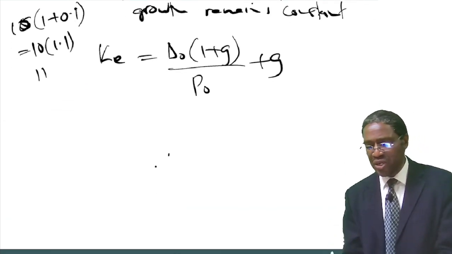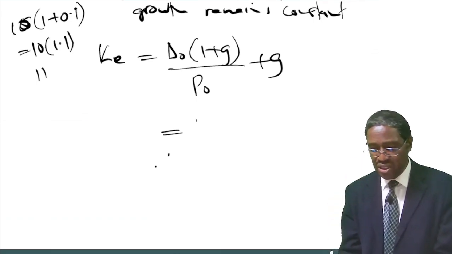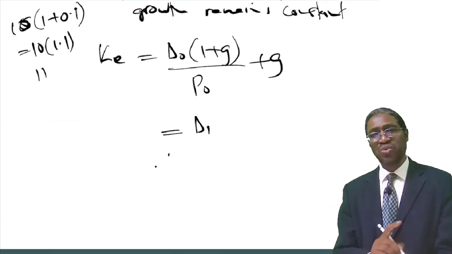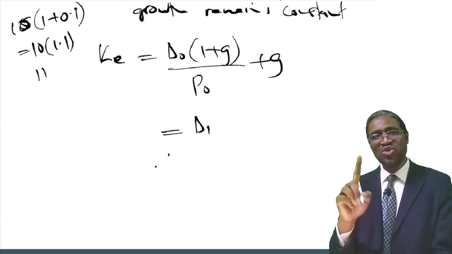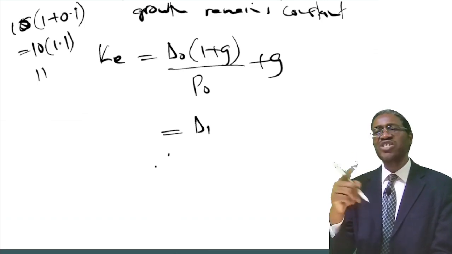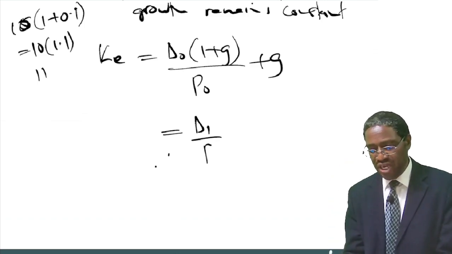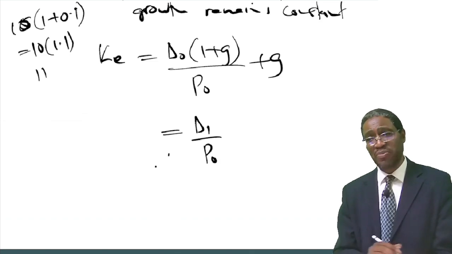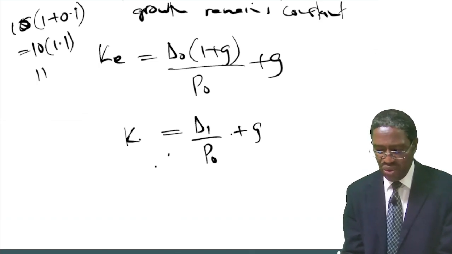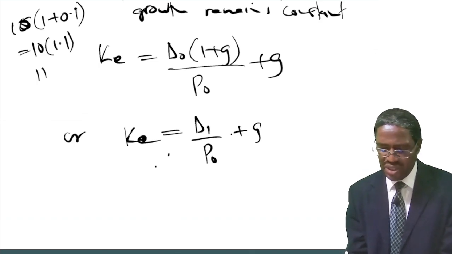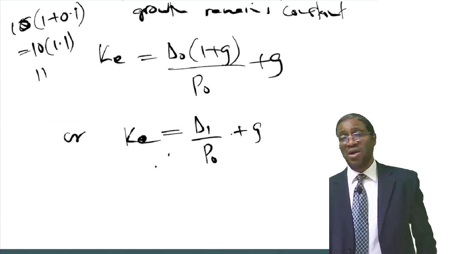That can also be expressed as D1. We shall be using D1 to represent the expected dividend. Then you divide that by the current market price, then plus G. So this is another way of expressing the cost of ordinary shares where there is a growth rate.